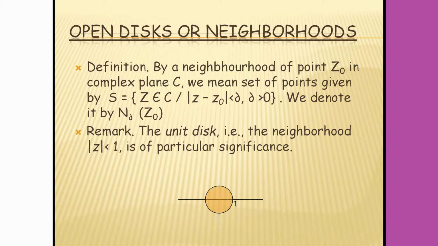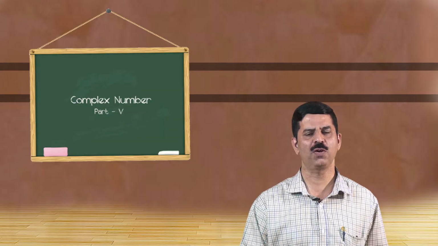We denote it by N suffix delta of Z0. For example, mod Z less than 1 is an example of an open disk or neighborhood of a point.